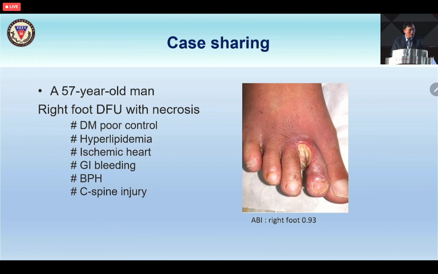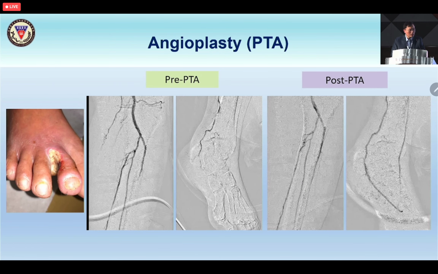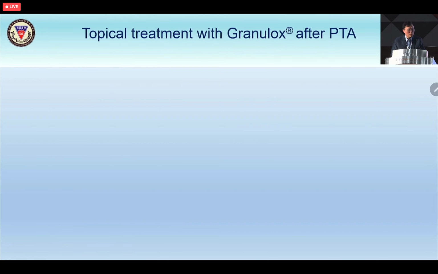And another case, a 57-year-old gentleman who is diabetic with ischemic heart disease, and look at the toe, he has a problem with an ulcer and anterior wound. You can look at the very severe arterial occlusion in that tissue area. So we do the arterial intervention first.